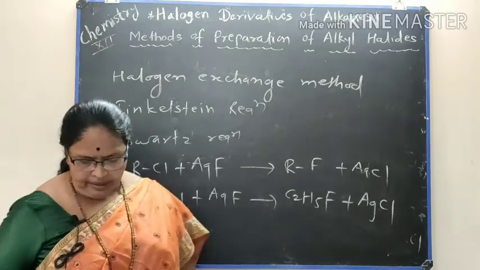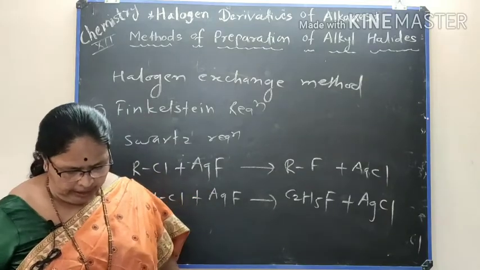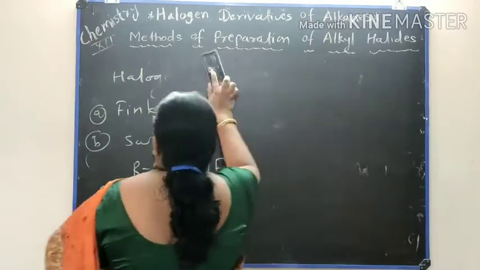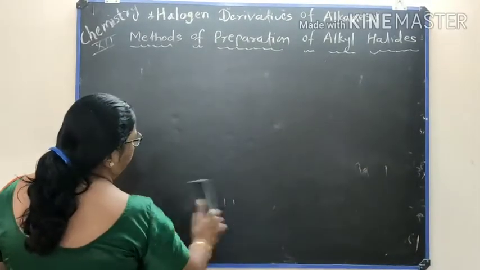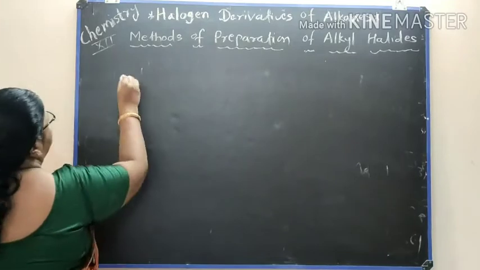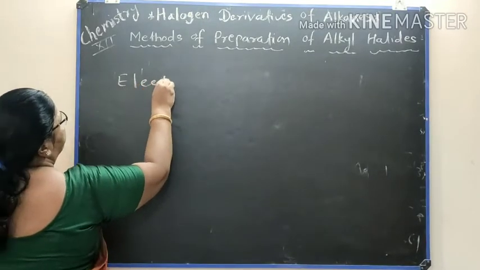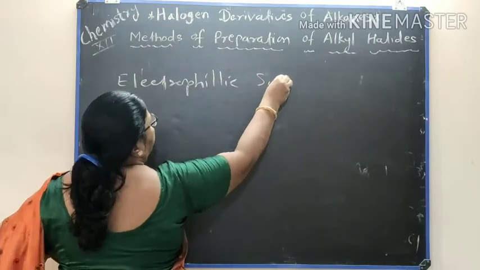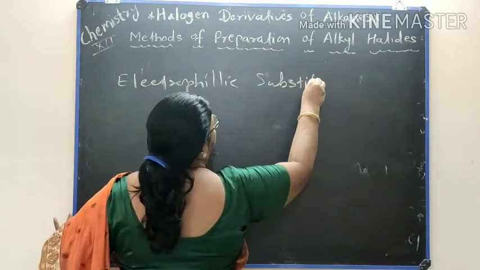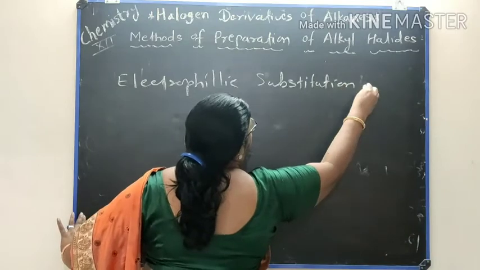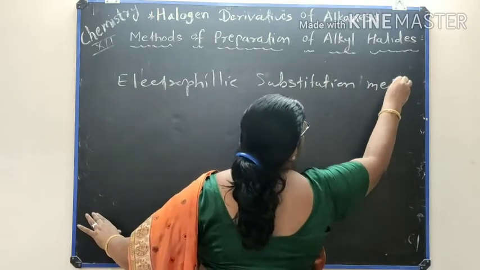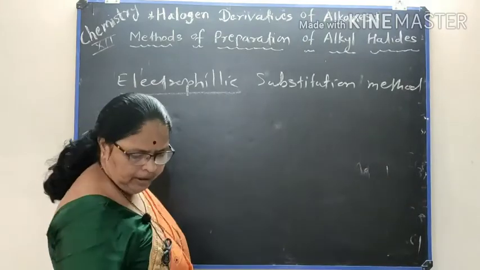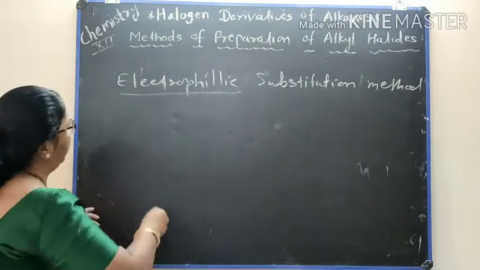Again the next method is the electrophilic substitution method. Suppose you are considering toluene.